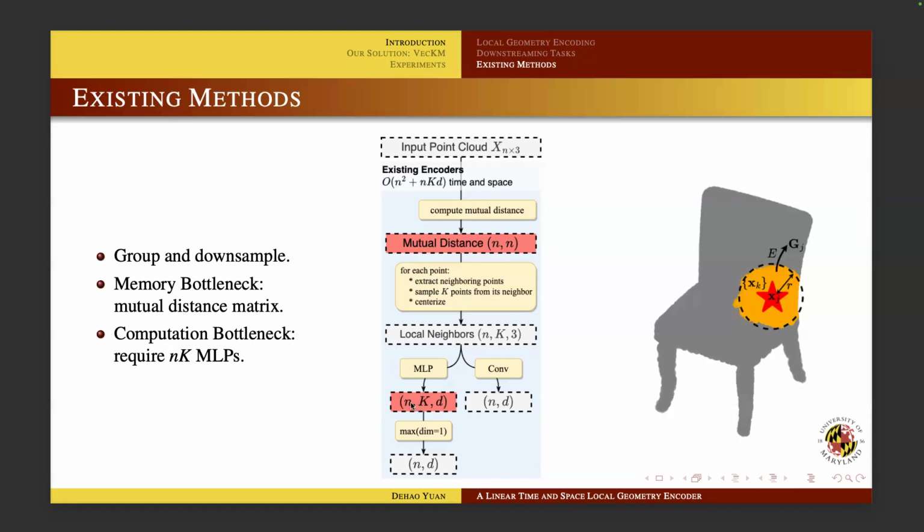Also, the n by k by d tensor is a huge dimension, because if your k is large, for example 100, and d is 256, and n is 10,000, it already occupies tens of gigabytes of memory. So it has a huge bottleneck, which is the n squared and the n by k by d. That's the bottleneck of existing methods.